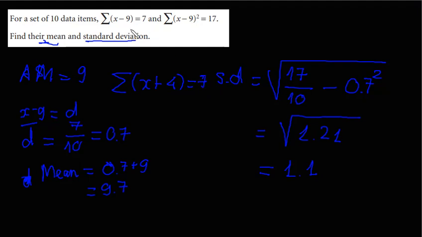So in this case, our assumed mean is minus 4. When we find the new mean, we take minus 4 plus 0.7, which would be minus 3.3.